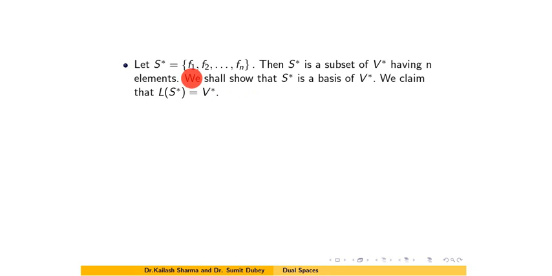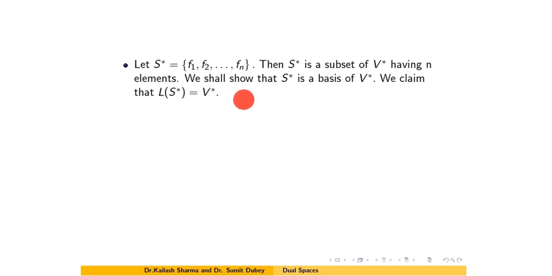Since f1, f2, so on up to fn are linear functionals on V, these are elements of V*. And since S* is a set containing these elements f1, f2, so on up to fn of V*, therefore S* is a subset of V* having n elements.